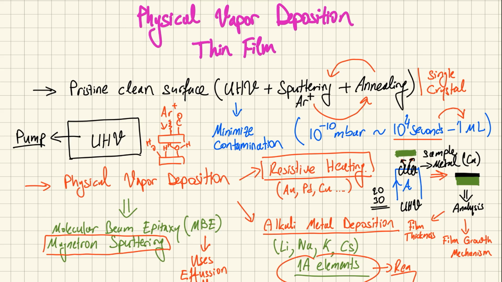These systems are like a feed-through. Basically, there's a lithium source, sodium source, potassium source, or cesium source, and when you apply the current, you can basically make a thin film like here. And you can see the examples for these two methods right now.